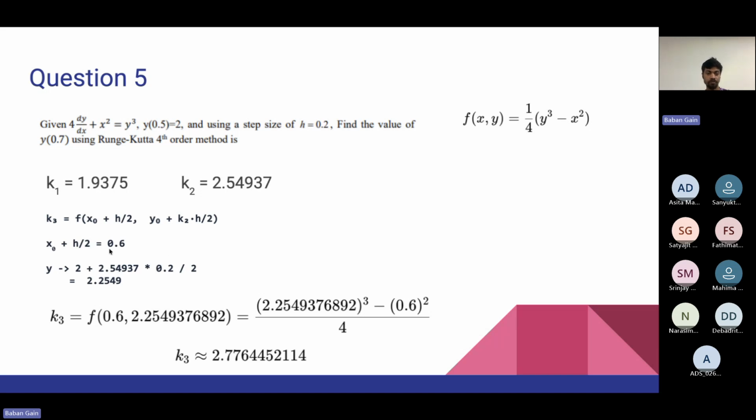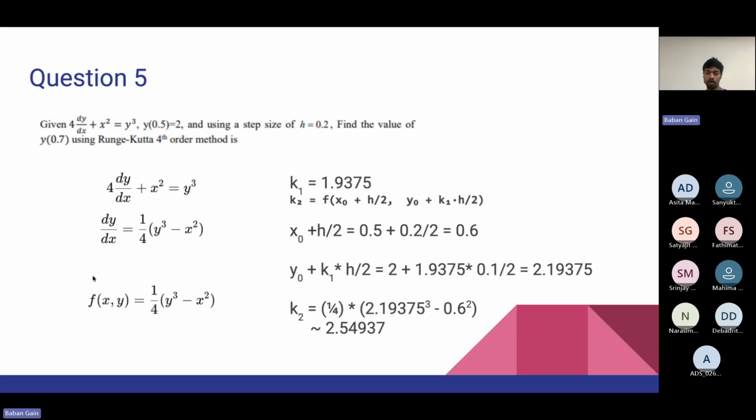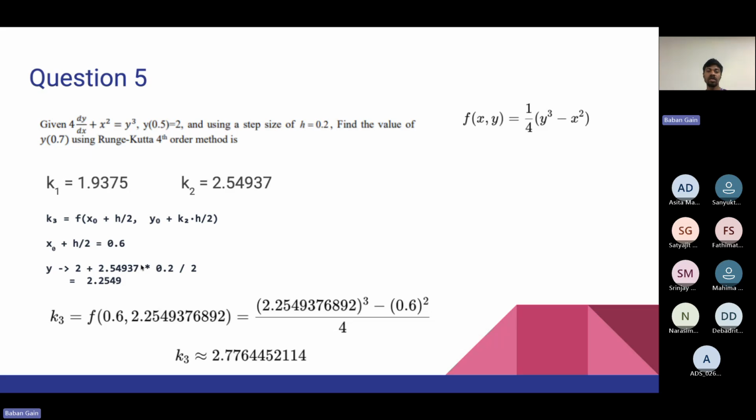So here this is again 0.6 and this is 2 plus 2.54937 multiplied by 0.2 divided by 2, so multiplied by 0.1. If you add that, it will become 2.2549. So you got the x and the y here, and if you put them into the equation, y cube minus x square divided by 4, you will get this value. So k3 is also done.